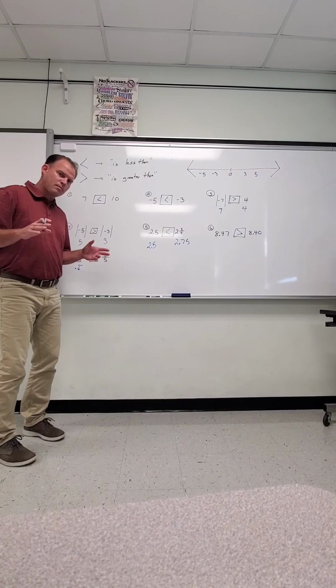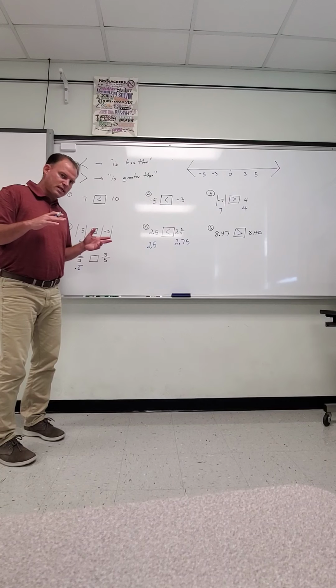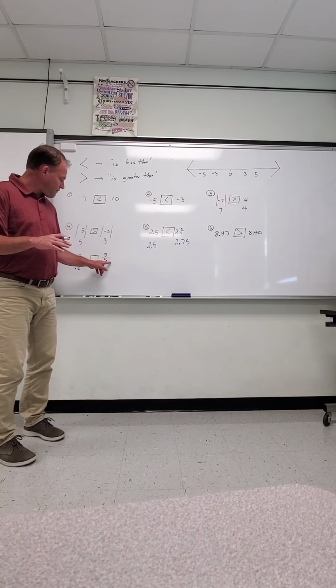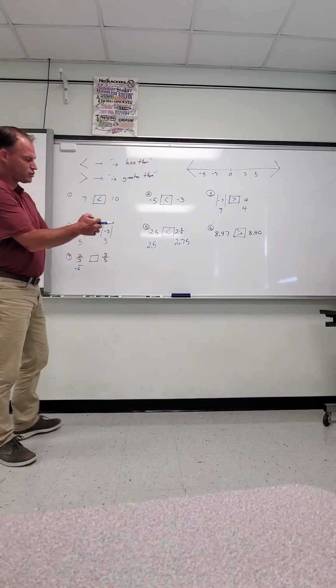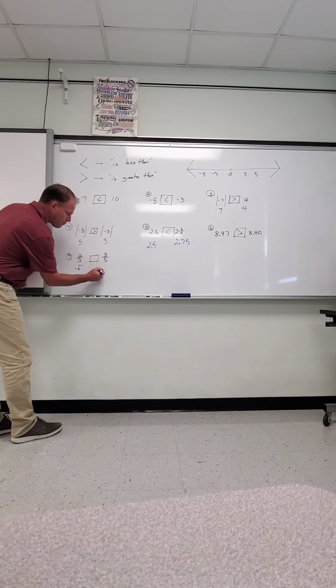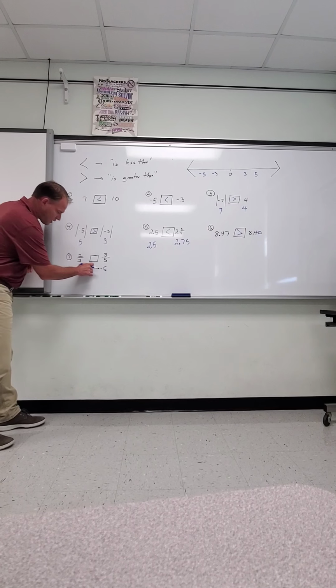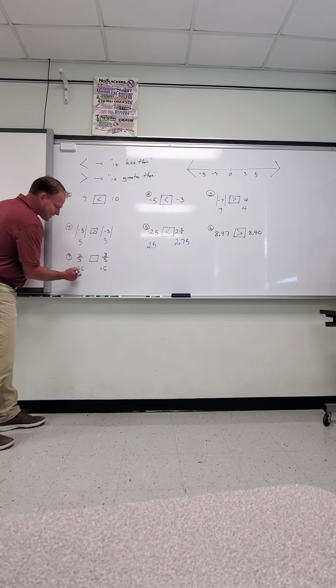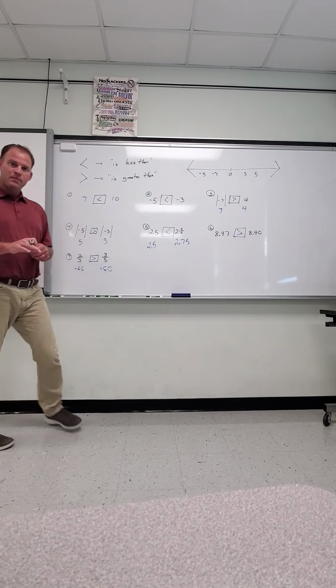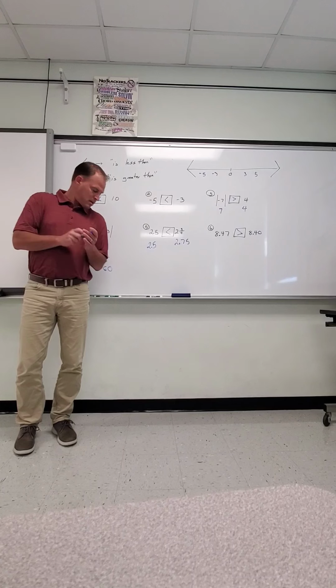Again, I may want more decimal places, but we'll start with that. 3/5. Put that into the calculator. 0.6. Oh, they're both 6s. Okay, so I might need a little bit more precision here. That's 0.666. That's 0.600. Greater. Bam, bam, done.